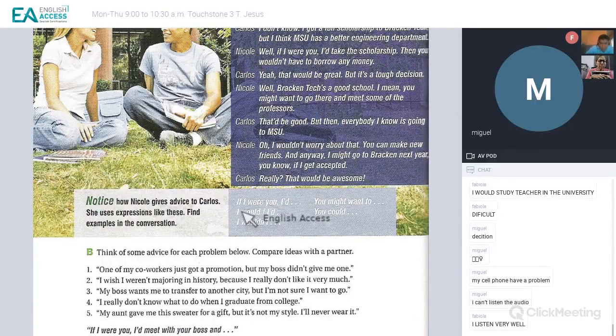Find examples in the conversation. So what is the first expression? If I were you, I'd, or I would, or I wouldn't. Or you might want to, or you could. Now let's look for the expressions right here in the conversation.